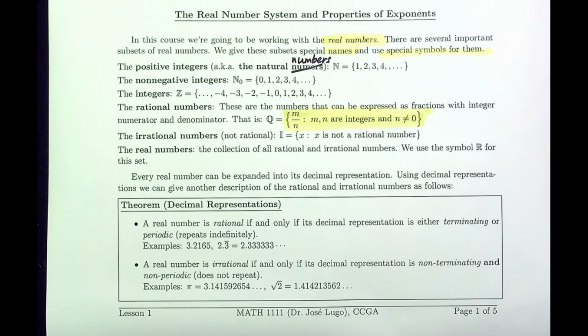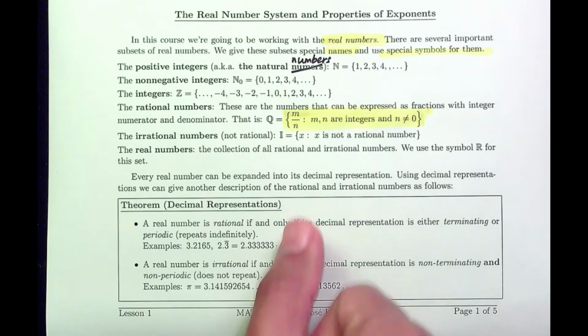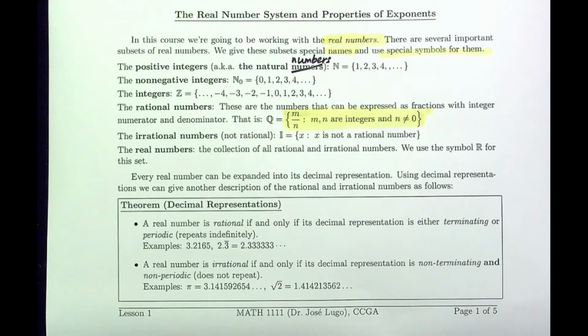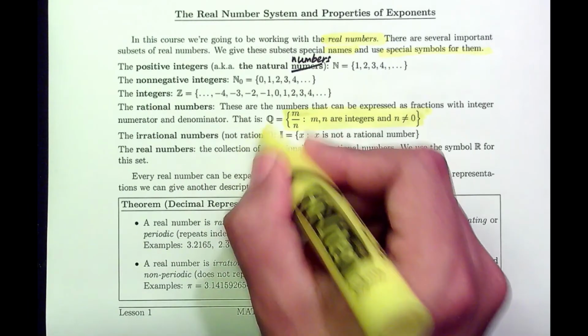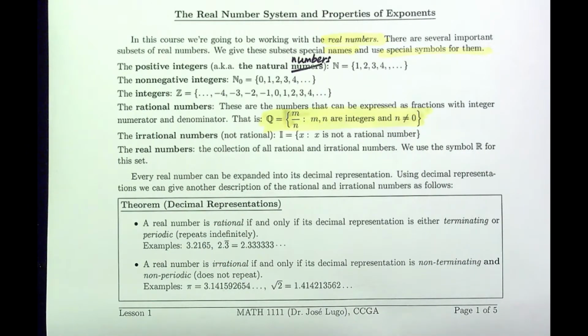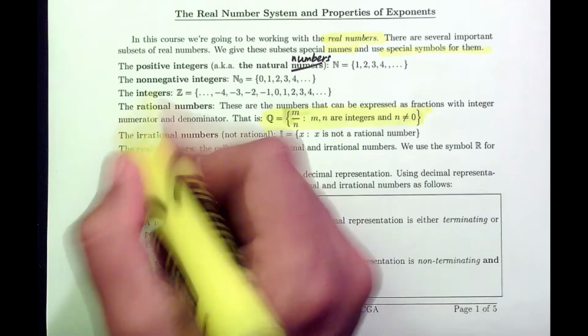They could be positive or negative, but of course the bottom cannot be zero. So if the rational number is m over n, then n cannot be zero. And the special symbol is Q, Q for quotient, which is another word for fraction. This is like the set of quotients.